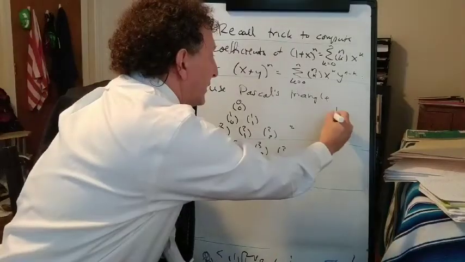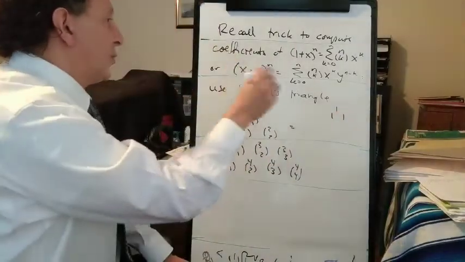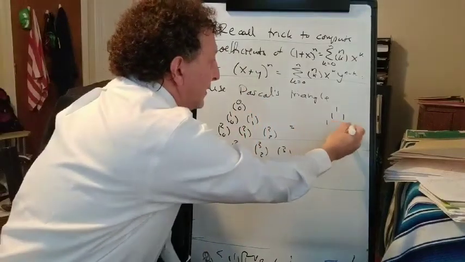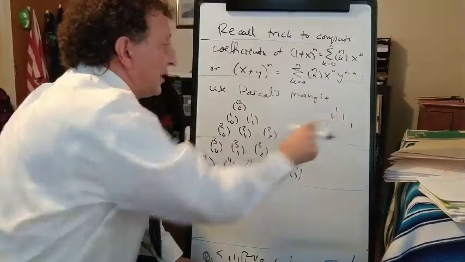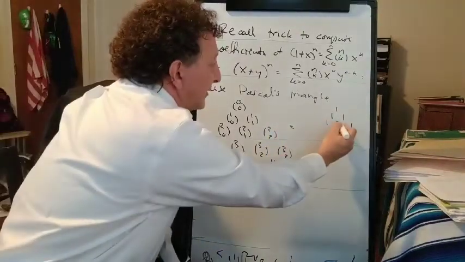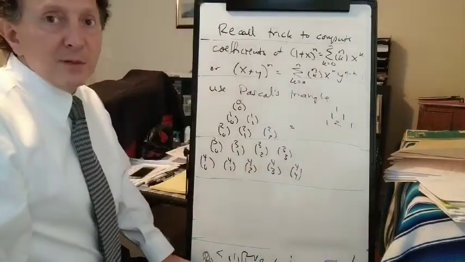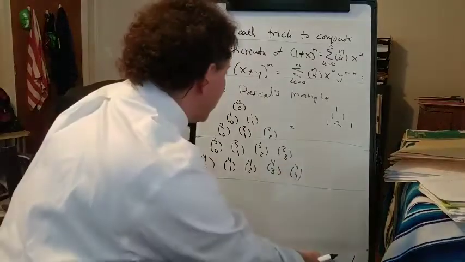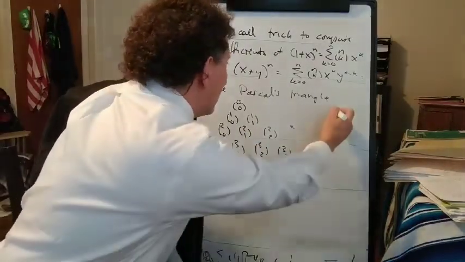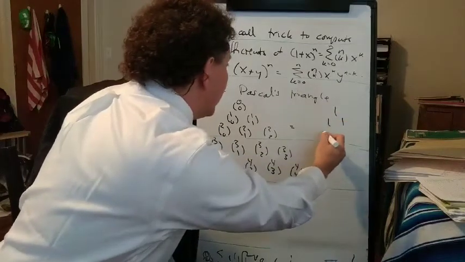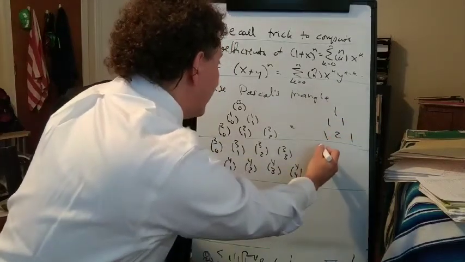And you get it by starting with 1, 1, 1, and then you copy down ones on the outside. On the inside, you take the sum of the two numbers above it. So we've got 2. Let me see if I can make this line up better with the other triangle. 1, 1, 1, 1, 2, 1.